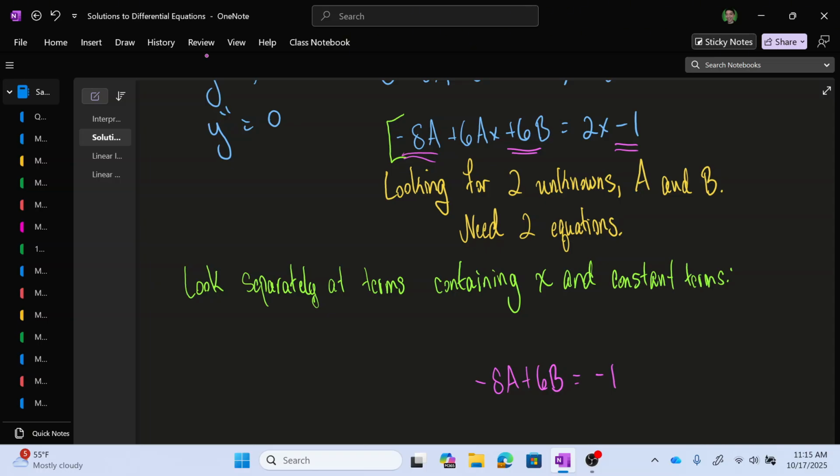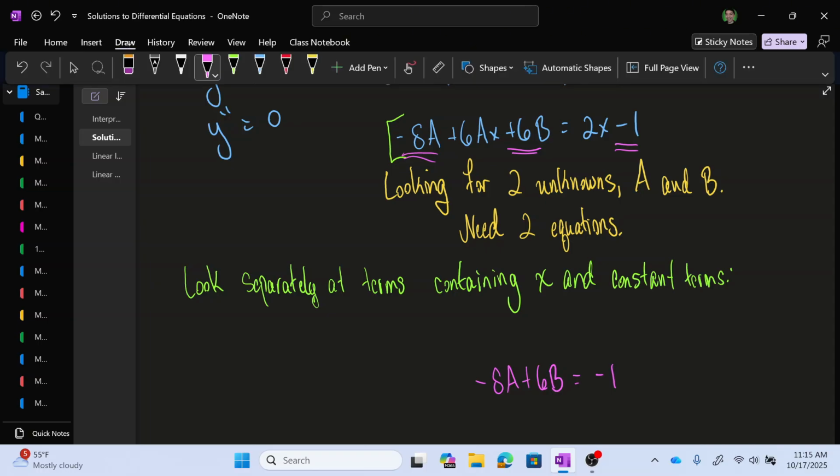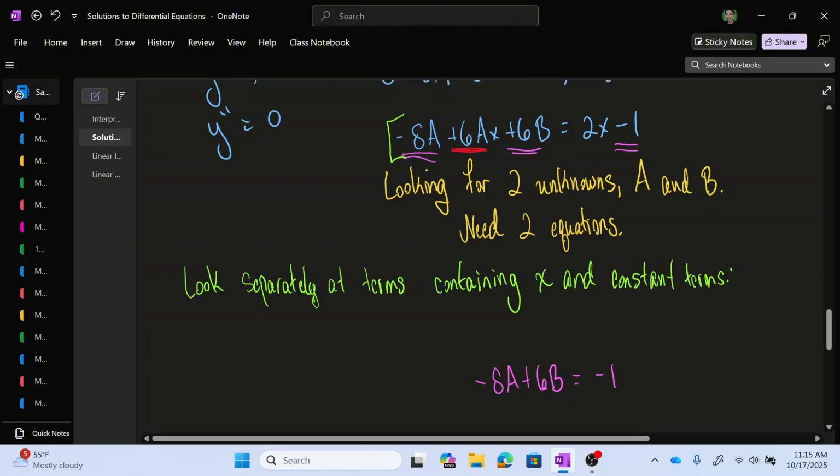Now separately, if I look at the x terms, and specifically at the coefficients of the x terms, the coefficient attached to x on the left-hand side is 6a, and the coefficient attached to x on the right-hand side is 2.